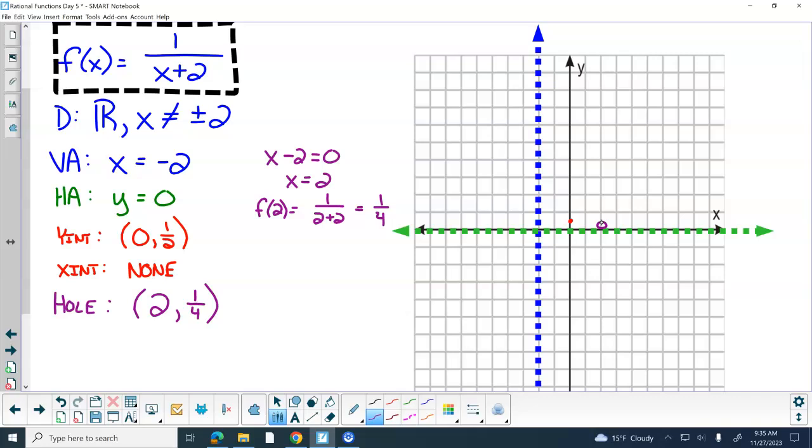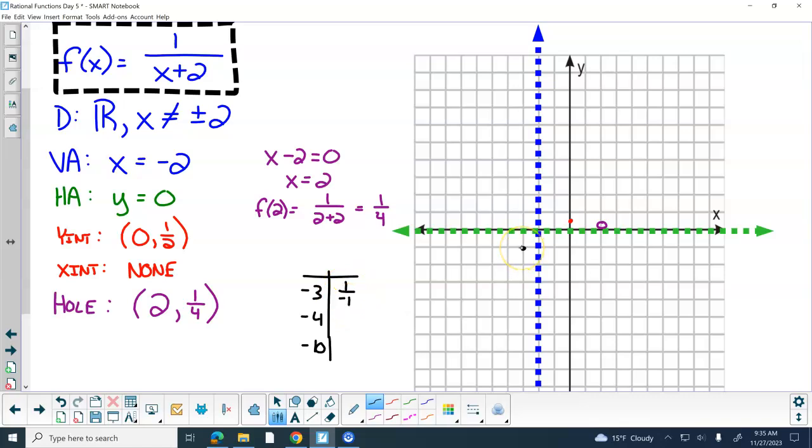Step 6 we don't have yet until Thursday. Step 7 says we have to come up with new points or more points to do. So let's go left side here. I would go -3, maybe -4, and -10. If I plug -3 into my new function, -3 plus 2 is -1, so I've got 1 over -1.